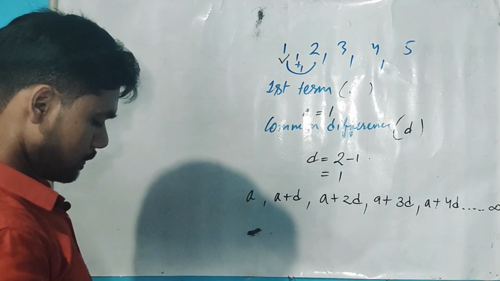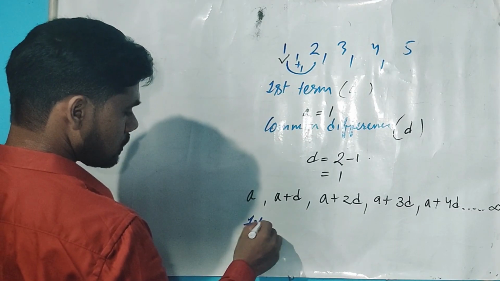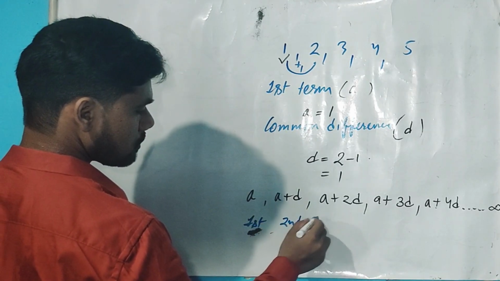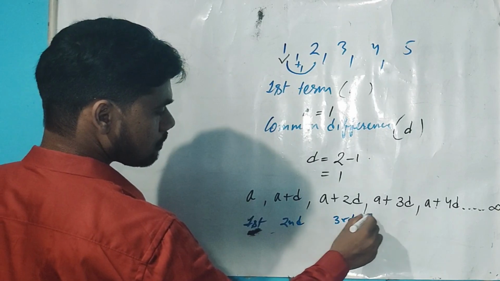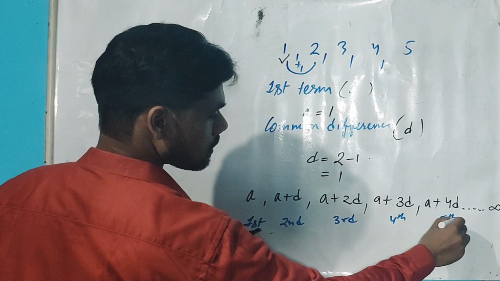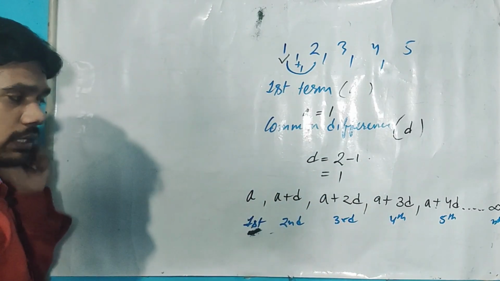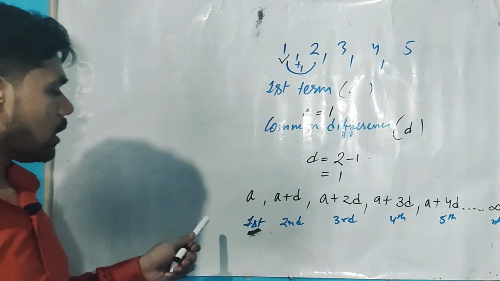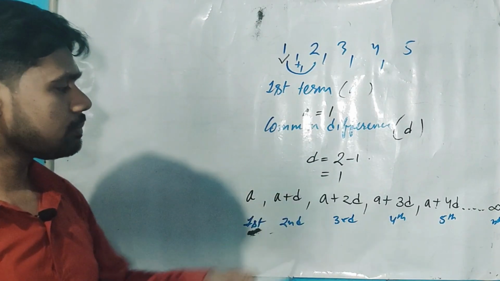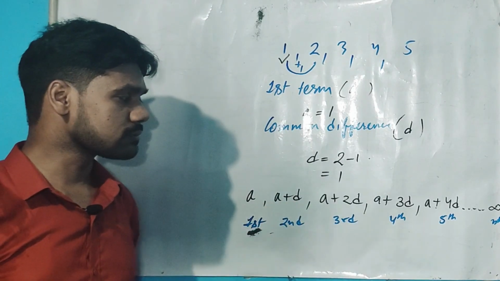So you see the first term, second term, third term, fourth term, fifth term, and the nth term. I think you understand easily how we get the patterns if we put numbers into these.